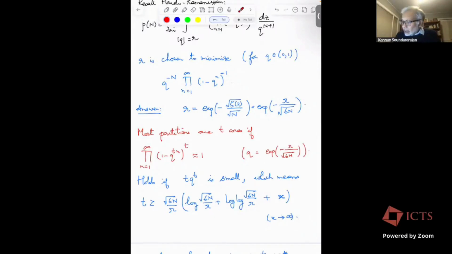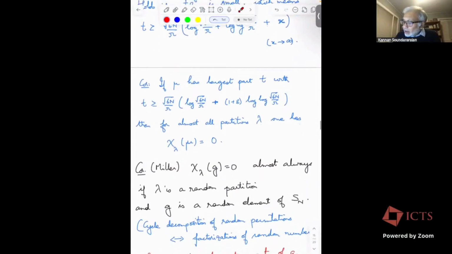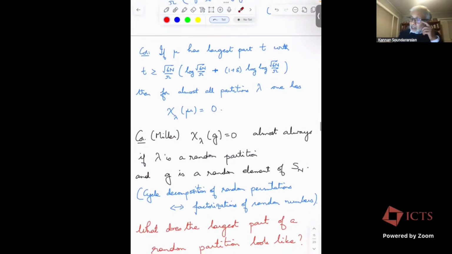So this calculation tells you that if you have a partition mu whose largest part is bigger than this number, then the partition lambda is going to be a t-core, and then I'm not going to be able to remove a rim hook of size t from the partition lambda because it doesn't have any border strips of size t, and then the value of the character is going to be 0 on this.